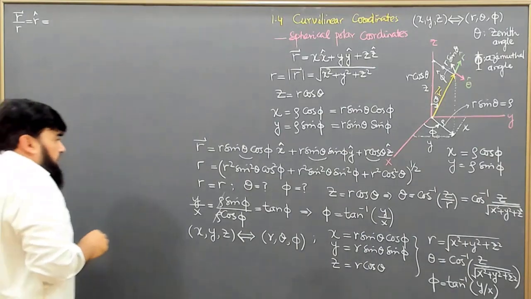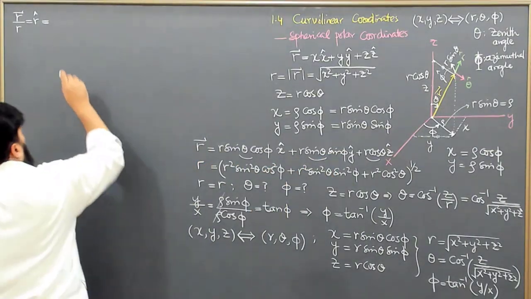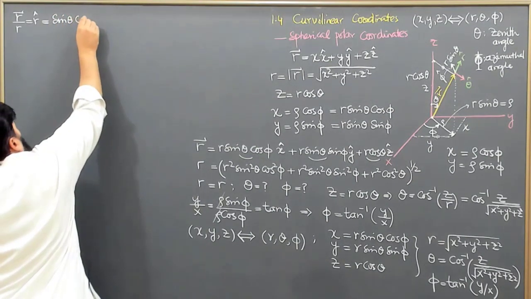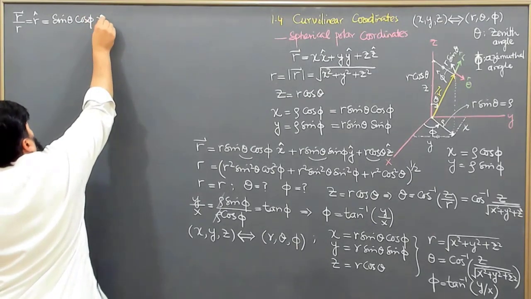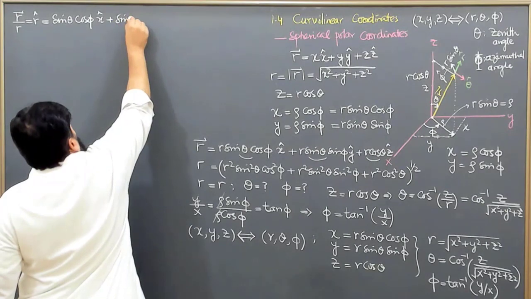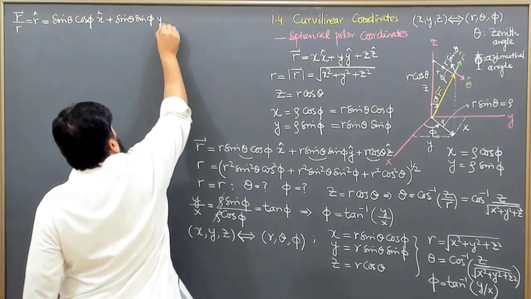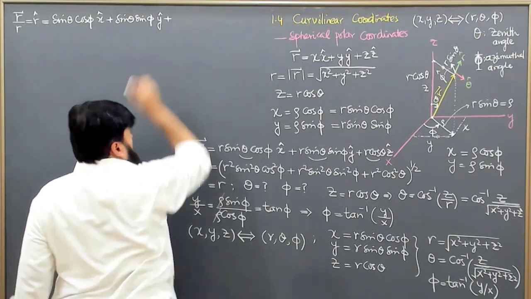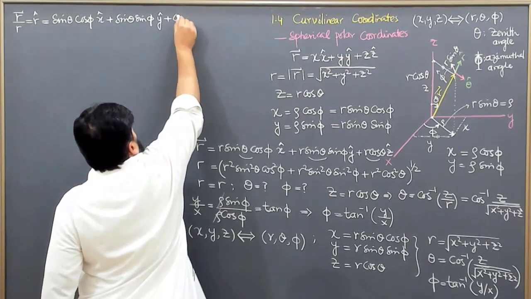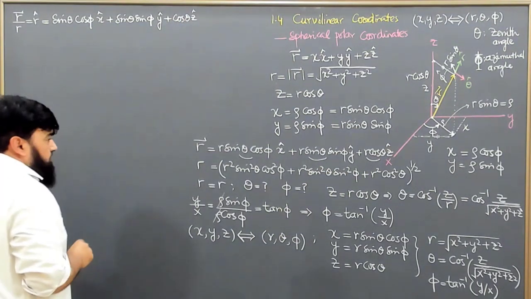And the r unit vector will come out to be, just cancelling r from all of them, sine theta cos phi in x, plus sine theta sine phi in y, and plus cos theta in the z axis.